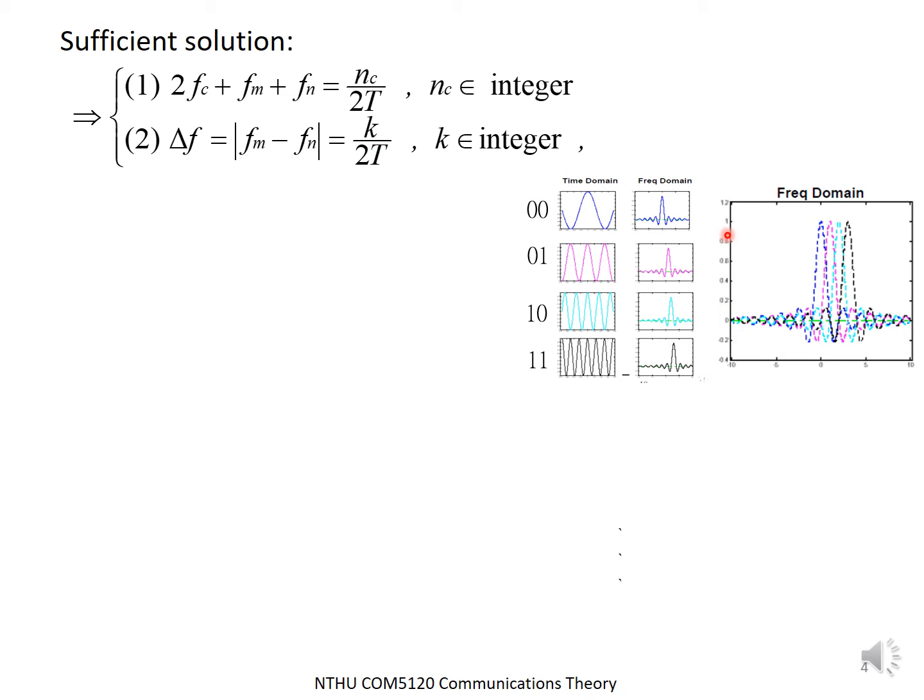For example, for 4 carrier frequencies, M equal to 4 MFSK, in the time domain we can see the carrier that has 4 different carrier frequencies.